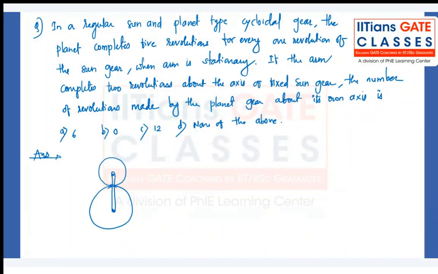We have solved a significant number of problems last time. In a regular sun planet type cycloidal gear, the planet completes 5 revolutions for 1 revolution of the sun gear. This is given to you.